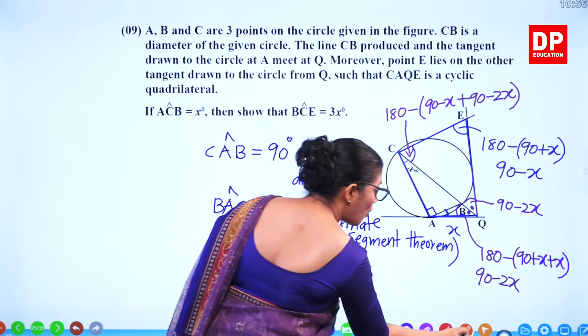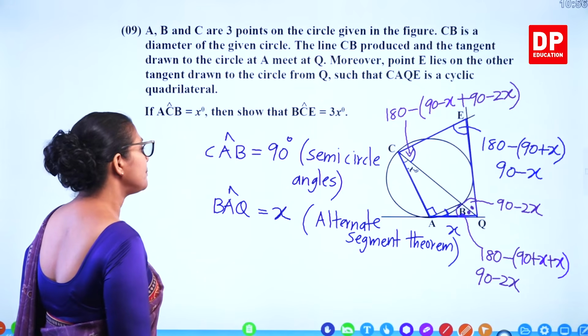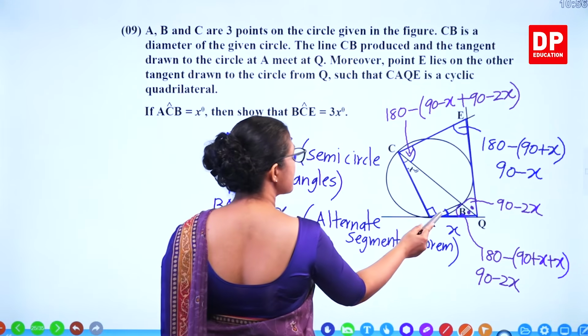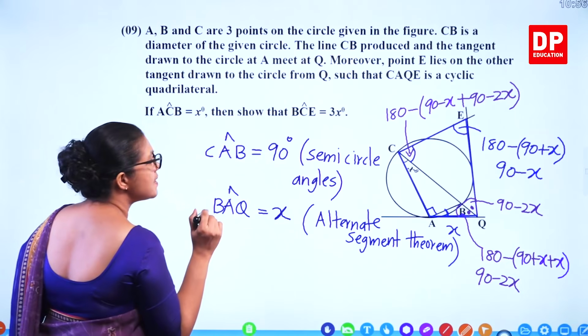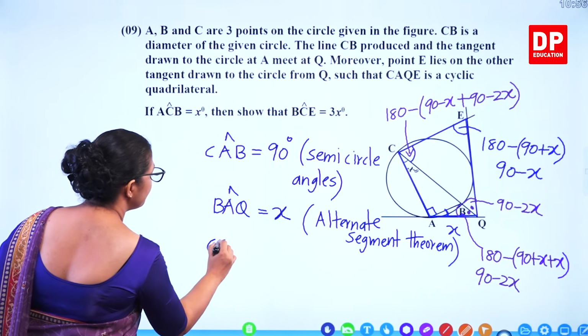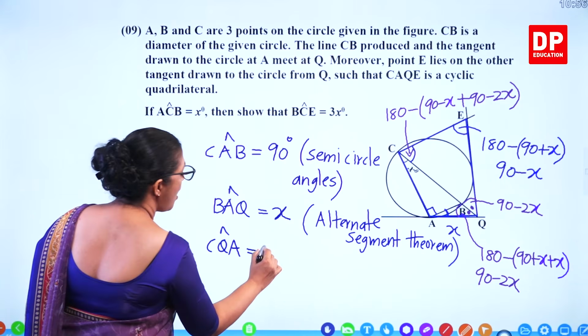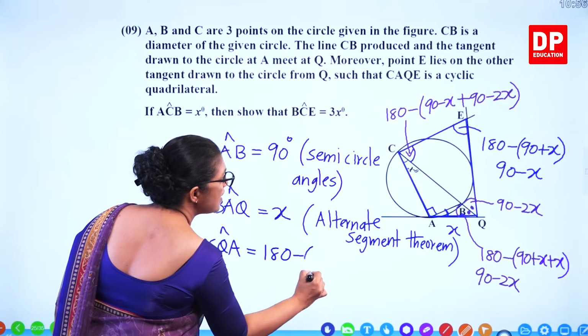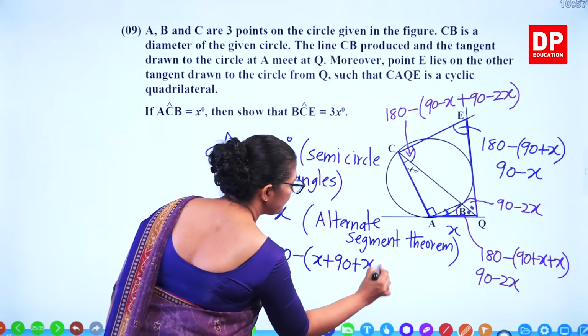Now we need to write down all the steps to get full marks. So we found out this is x. Then you can write down this angle, CQA angle is equal to 180 minus (x plus 90 plus x).